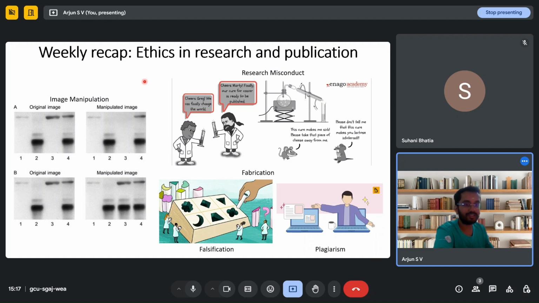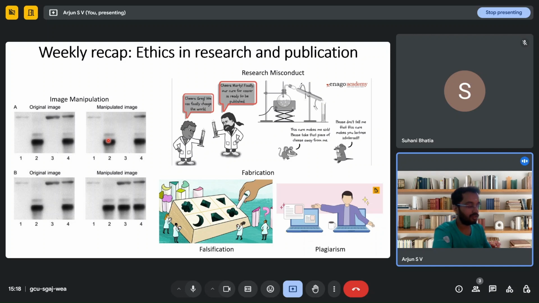We also saw a discussion about how an image can be manipulated. Here I have pasted an example of image manipulation, where the same image after manipulation can be used for a different study.